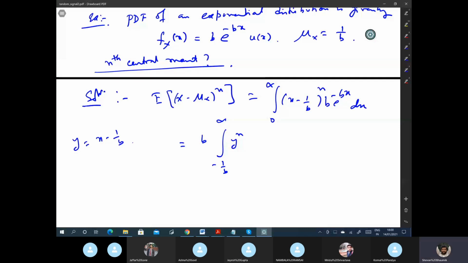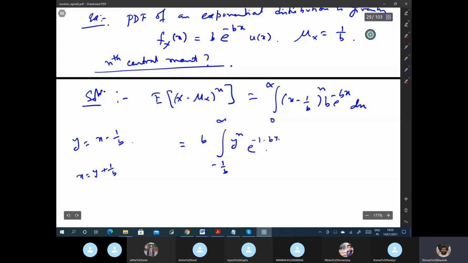E to the power minus bx. Okay, x is y plus 1 by b, so we can proceed the same way. We can put the value of minus bx from y equal to x minus 1 by b, so that will come out to be minus by minus 1.